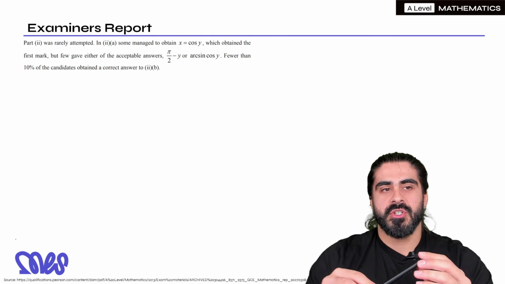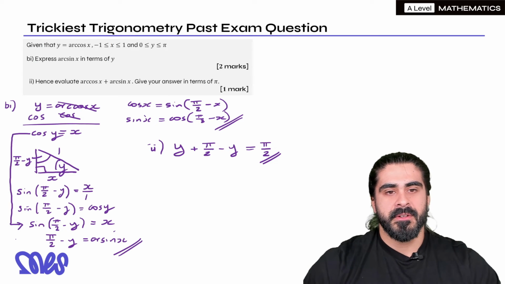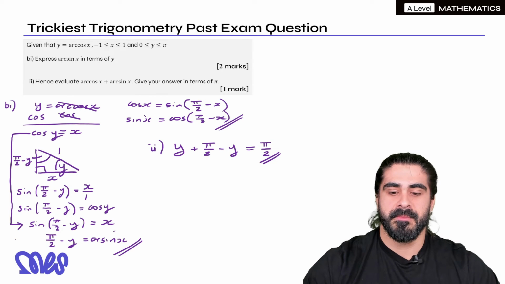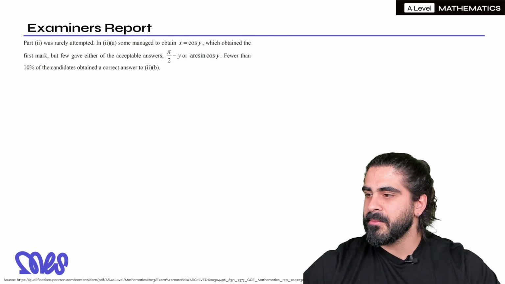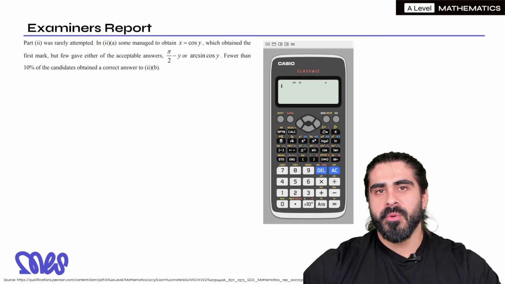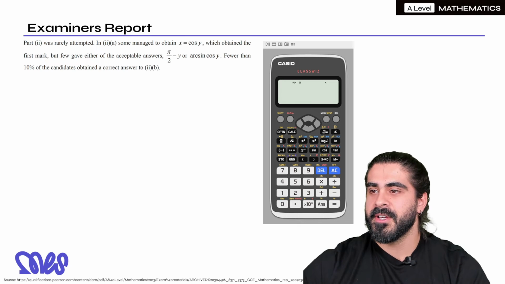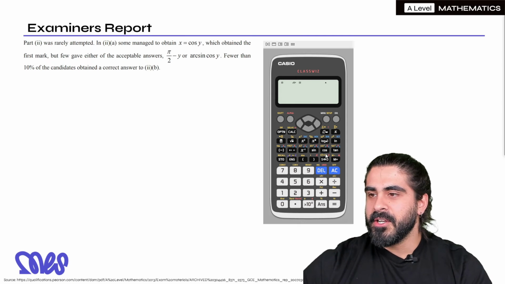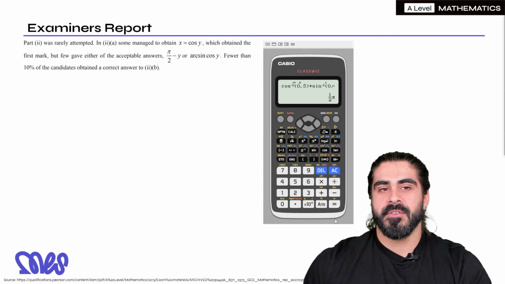Now, based on that information, part 2b was definitely much easier than part 2a, because I'll tell you what some cheeky students could have done. If you get your calculator up, remember they said state what arc cos x plus arc sine x is. If you go in your calculator and you do arc cos of just any random number, say 0.5, plus arc sine of the same random number, you get pi over 2.